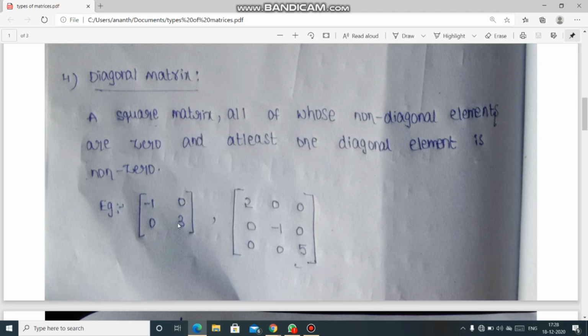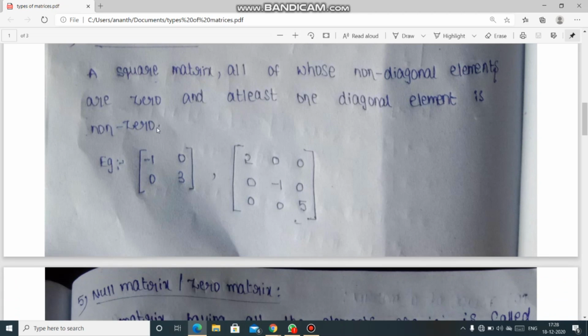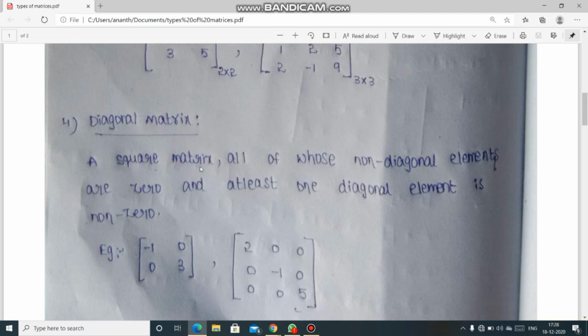It is a square matrix. And another example, 2, 0, 0, 0, minus 1, 0, 0, 0, 5. Here 2, minus 1, 5 are diagonal elements and these are non-diagonal elements. Once again, diagonal matrix means a square matrix.